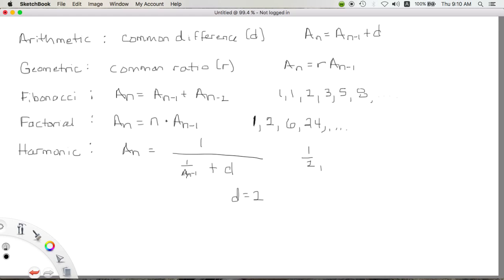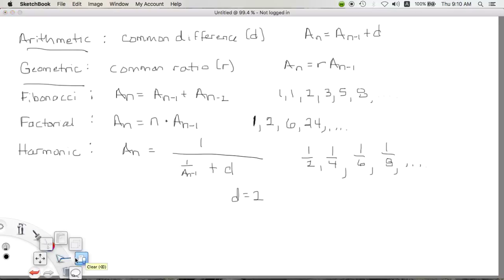We take the reciprocal of that, which is 2, plus 2 is 4. Then the reciprocal of that is 4, plus 2 is 6, so we have 1/6. Reciprocal of that is 6, plus 2 is 8, and so on and so forth. You see that you're adding along the bottom. That's what a harmonic sequence is. So those are the 5 general ones we're going to talk about, especially the arithmetic and the geometric. Those are the big ones. The others we'll just mention and occasionally work with.